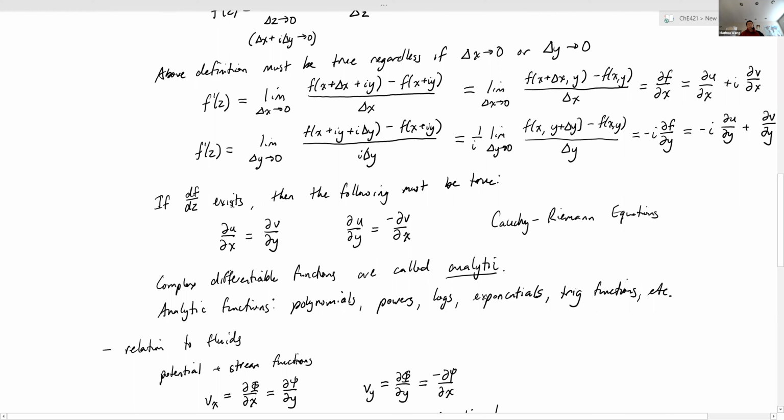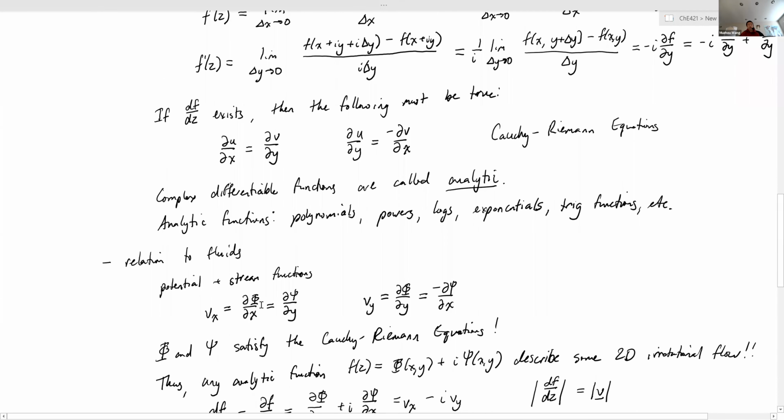to be certain relationships between those real and imaginary components of that function, and that relationship is called the Cauchy-Riemann equations. And it just so happens that the Cauchy-Riemann equations are also satisfied by the potential and stream functions that we had talked about in the previous lectures that govern 2D irrotational flow, in other words, inviscid flow, right?